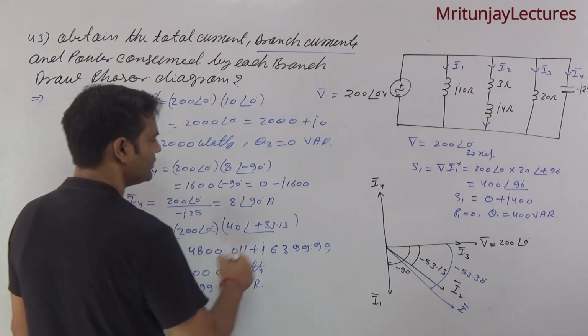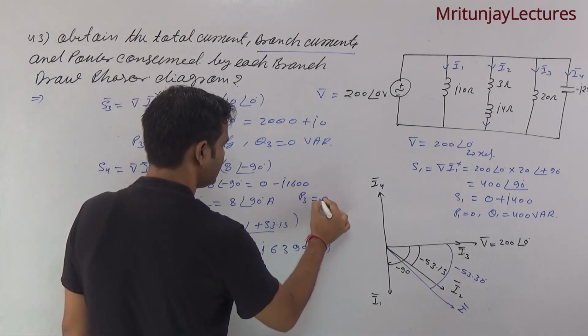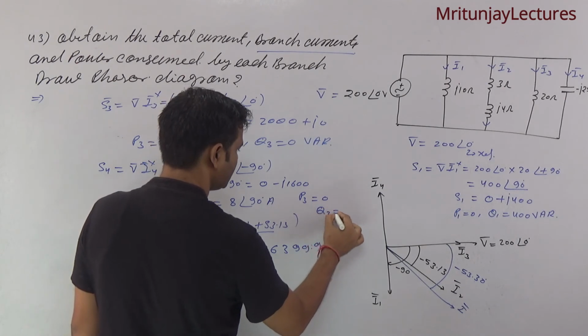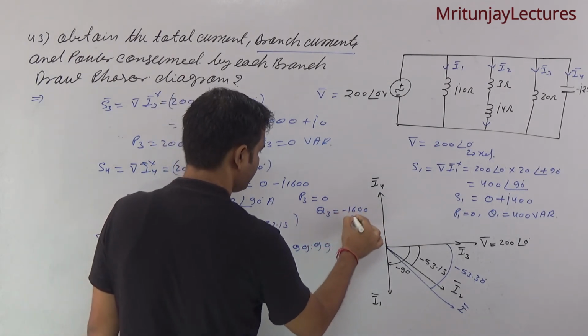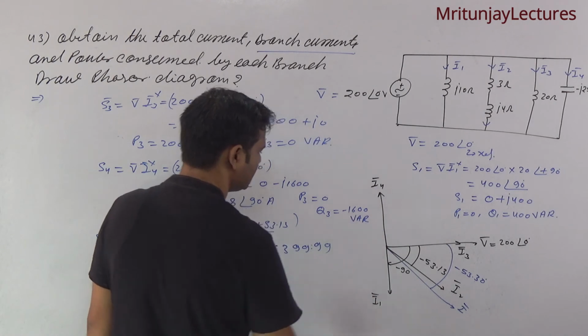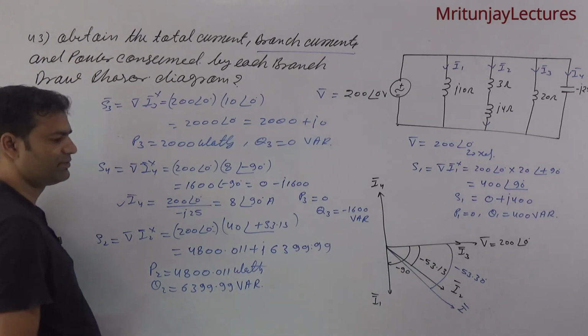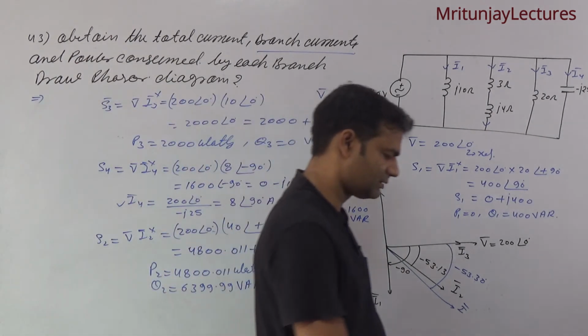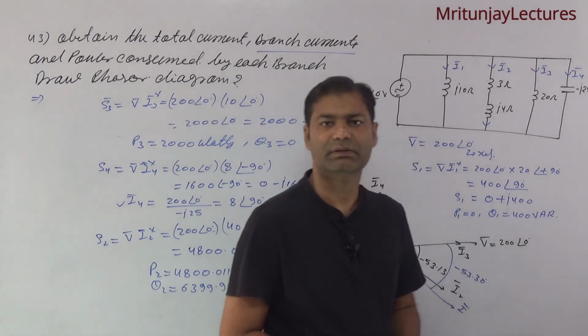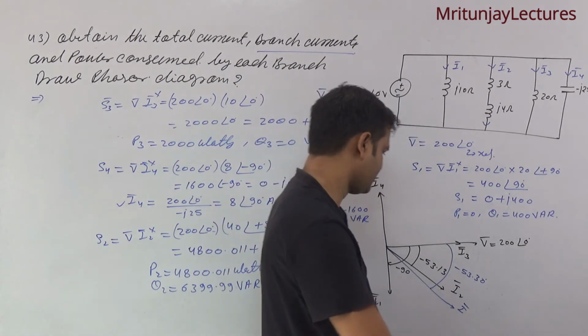Okay, so what about P4? P4 is 0, and what about Q4? Q4 is minus 1600 VAR. Clear? Make it. Okay, and last one, the phasor diagram. I have already drawn the phasor diagram corresponding to this one. Okay, so make it.